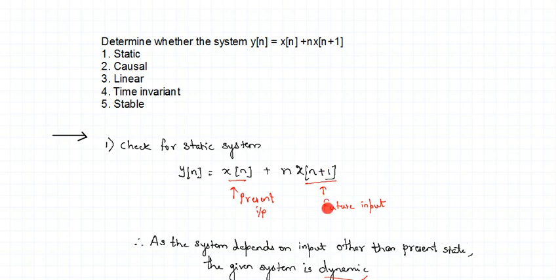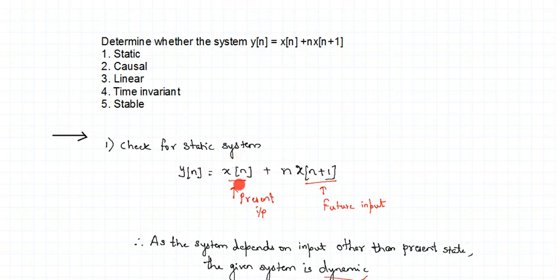And we know the basic definition of a static system: if the output of the system is dependent only on the present input, that is, output is a function of only the present input, then you call the system static.